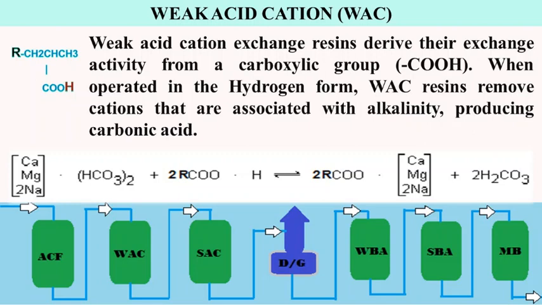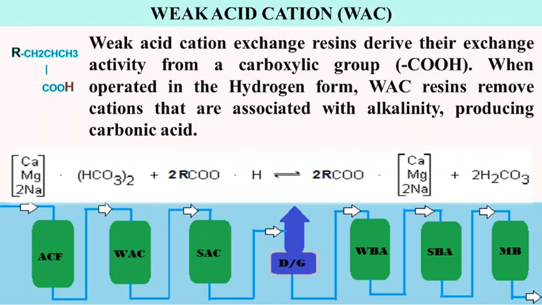Weak acid cation exchange resins derive their exchange activity from a carboxylic group, COOH. When operated in the hydrogen form, these resins remove cations that are associated with alkalinity, producing carbonic acid. These reactions are reversible and permit the return of the exhausted weak acid cation resins to the regeneration point, and WAC resins are not able to remove all the cations in most water supplies.